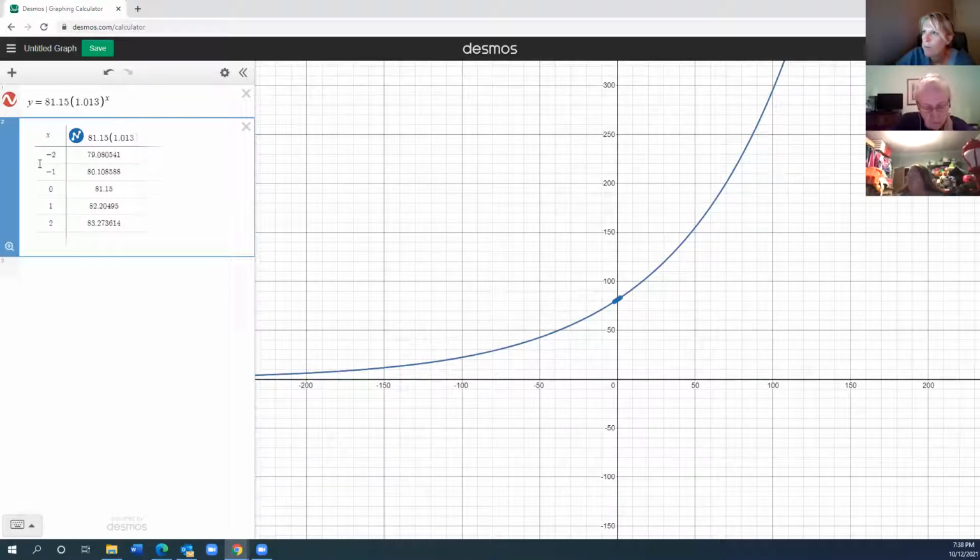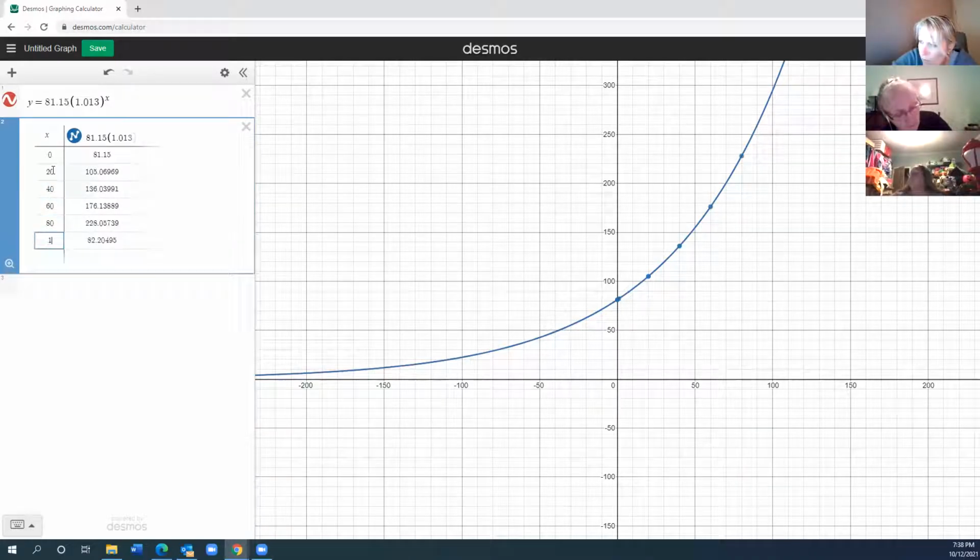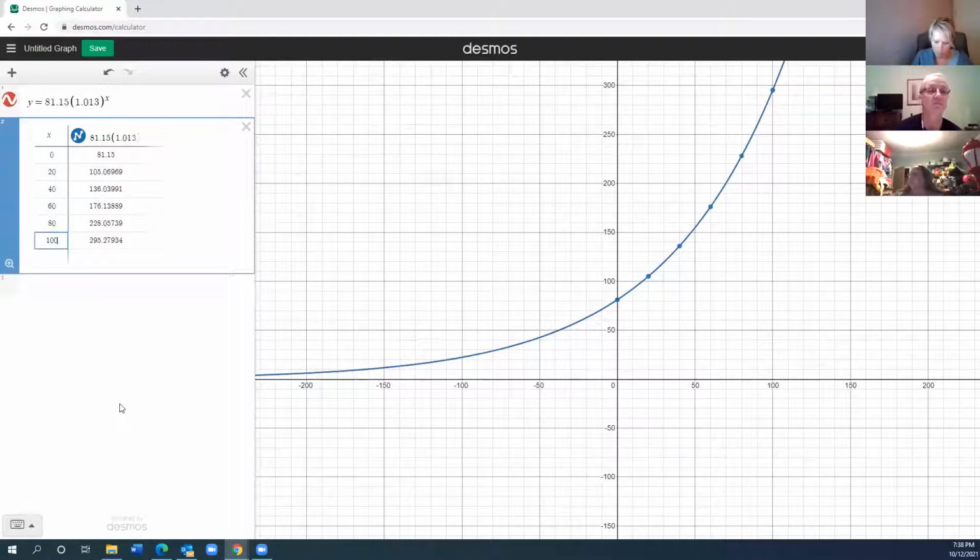So the table, they want it to be 0, 20, 40, 60, 80, and 100. So go ahead and fill in your table. I'm going to go back to my paper.